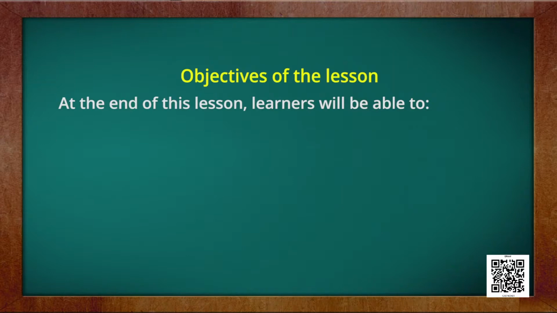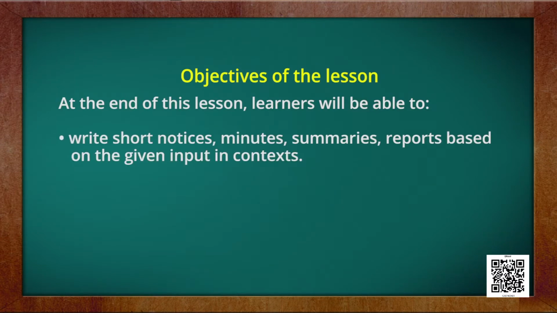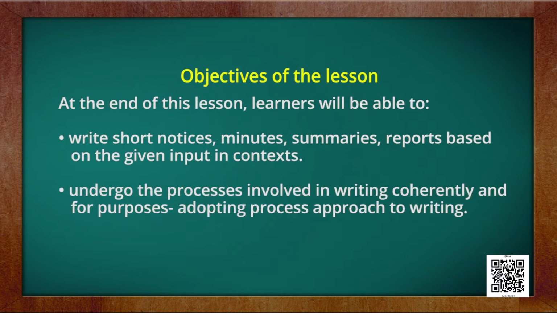Before we move on to do the activity, let me read out the objectives of the lesson. At the end of this lesson, learners, we will be able to write short notices, minutes, summaries, reports based on the given input in context, and undergo the processes involved in writing coherently for purposes, adopting the process approach to writing.